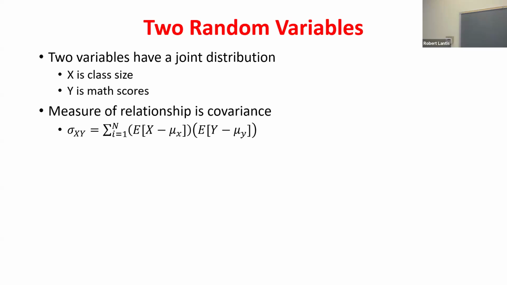How many students do they have in their class, minus what the average classroom number of students was. You then take that deviation for class size and multiply it by that room's deviation from the average math score. Once you have both deviations, you multiply them by each other. You do that for every single observation in your data set, you then add them all up, and that's your covariance.